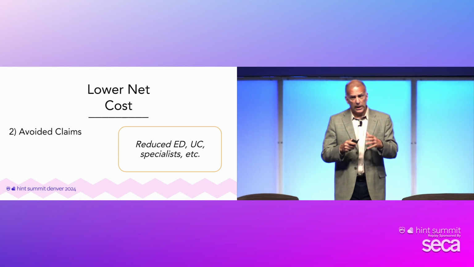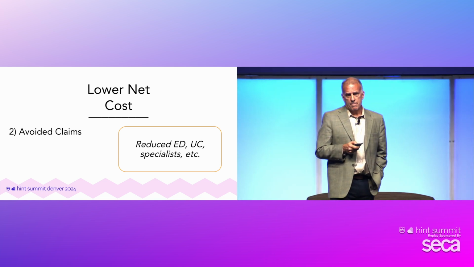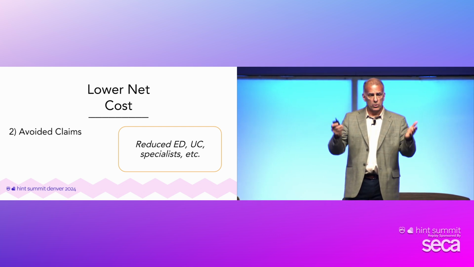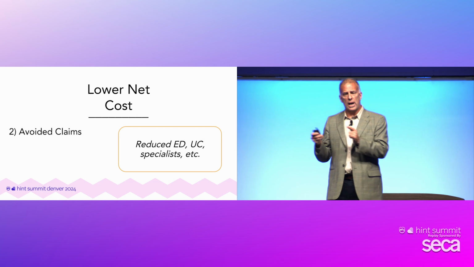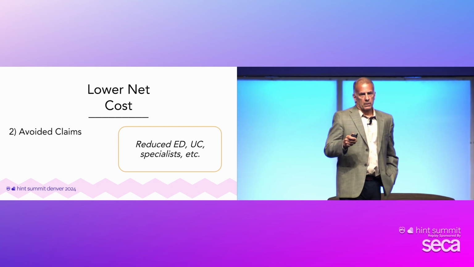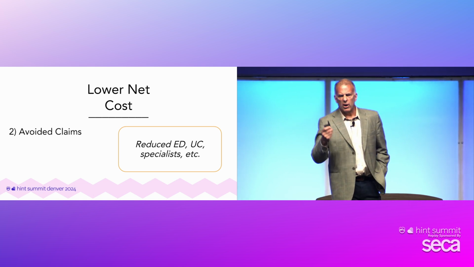Specialists go down because you guys refer less, right? You like to keep it in-house, and so you have a broader scope of practice generally, so you generally tend to see less specialist visits. So these are claims that don't happen as a direct result of the model, okay? Now there's more on that list. Those are the high-profile ones probably.